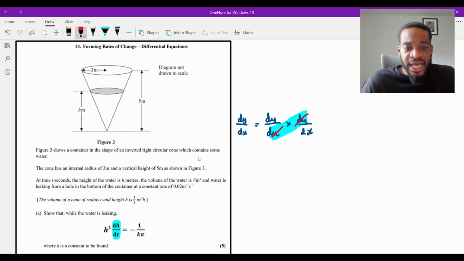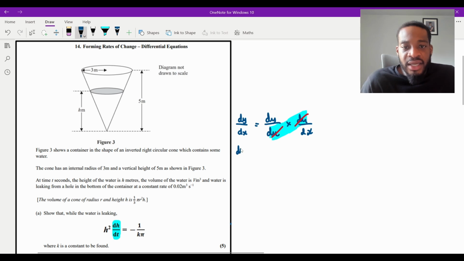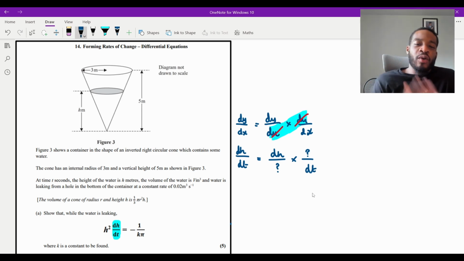So the fact that I want dh/dt tells me that I'm going to use that. So I'm going to say dh/dt is going to equal dh over some unknown thing times that same thing that I don't know quite yet over dt, because the question marks will cancel and I'll be left with dh/dt. So the question is what is that connecting variable that connects h and t together?